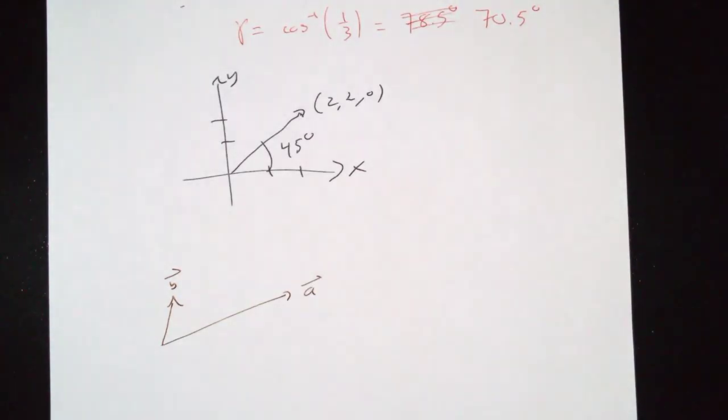Something we do in physics a lot is we ask how much of one vector goes the same way as another. So I would ask the question to you, how much of b points in the same direction as a?